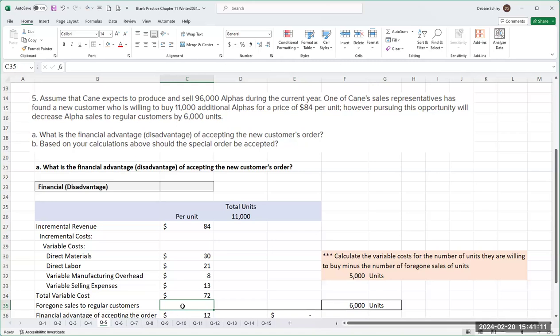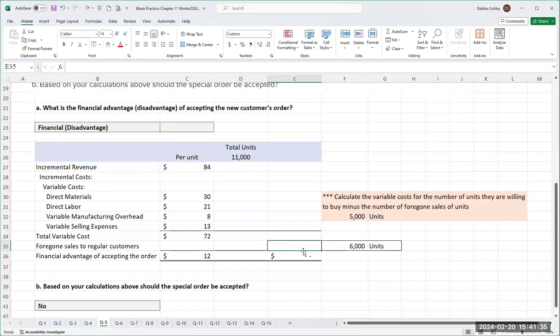Okay, so right here, the foregone sales to regular customers is equal to the 6,000, right? Because that's, oh no, wait, not the 6,000.